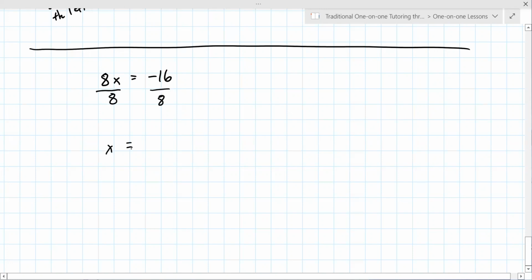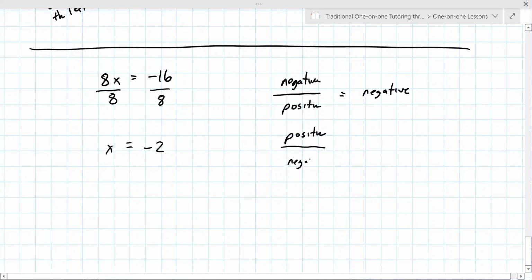Now, this is maybe something new. A negative divided by a positive is negative. So would it be negative 8 or negative 2? Negative 2. Similarly, a positive divided by a negative is a negative. Oh, so it's negative either way. Right. But here's the other case that we should look at.